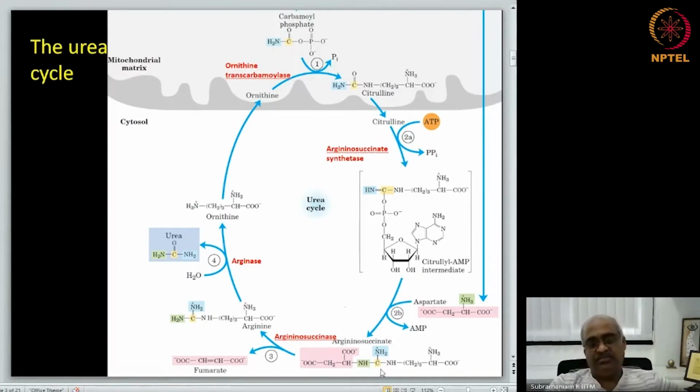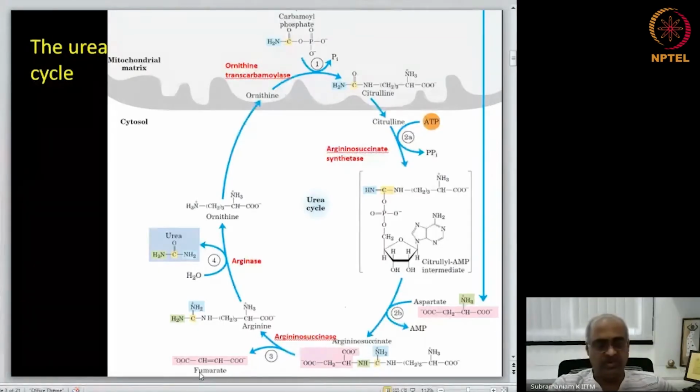From argininosuccinate, so called because this group is a guanidino group, and a guanidino group attached to the alpha carbon with the amino group and carboxylic acid group is the arginine structure. From this, succinic acid is cleaved off by the enzyme argininosuccinase, producing fumarate.